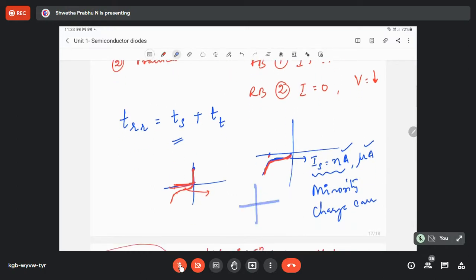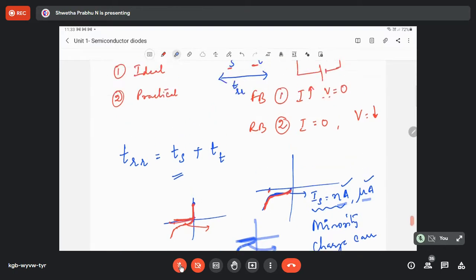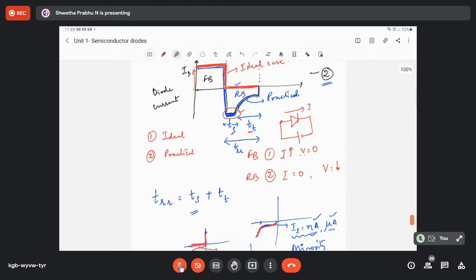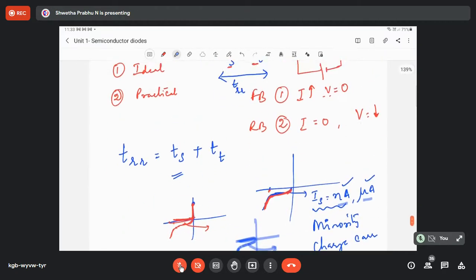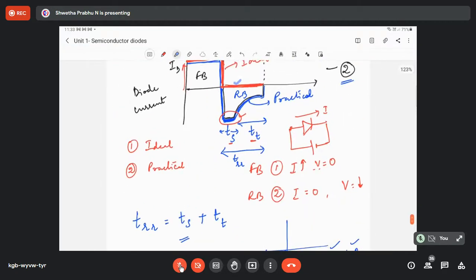You are not getting a horizontal line. You are getting a small curve like this, and later it is increasing. This is due to minority charge carriers. The current value is in nanoampere. Current value can be either nanoampere or microampere. So this is with respect to reverse bias diode. Next, you take down.